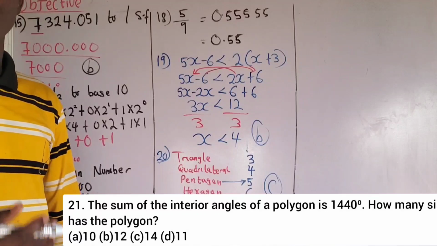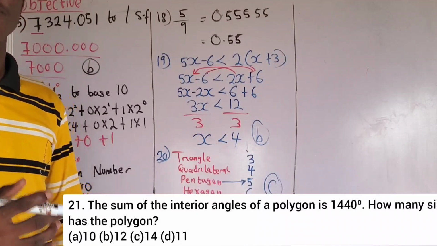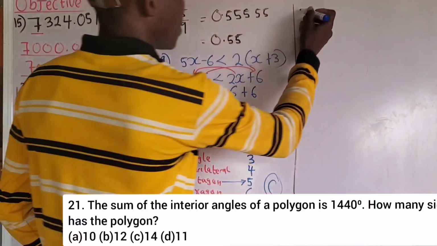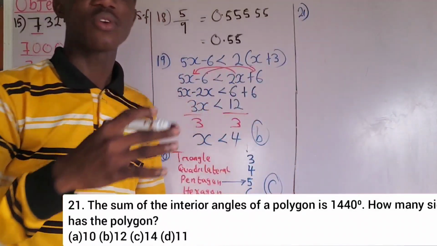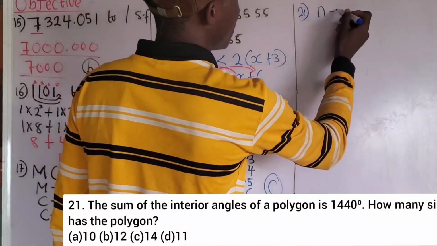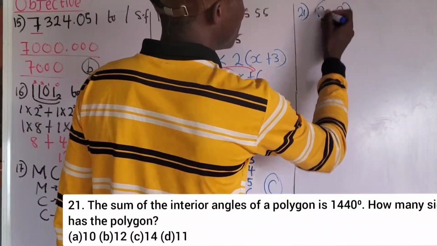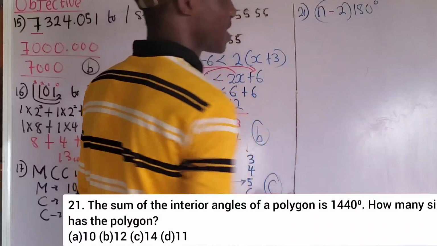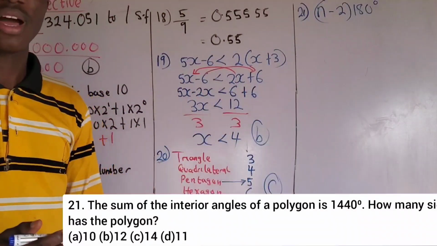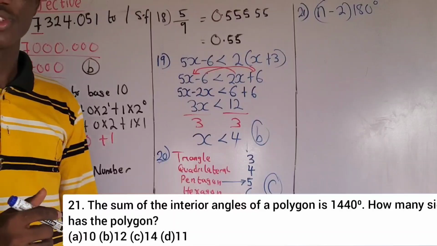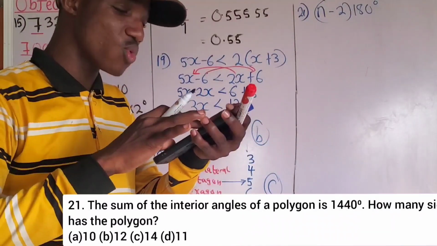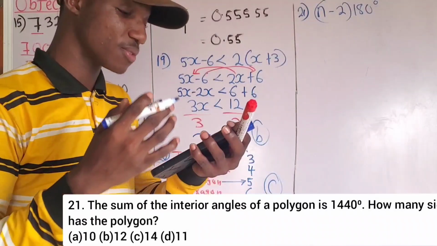For a polygon with n sides, the sum of angles can be calculated using this formula: n minus 2 multiplied by 180 degrees. Do you understand? Now, please pay attention. In calculating the sum of angles using this formula, we've been given that the sum of angles in the polygon is 1440 degrees.